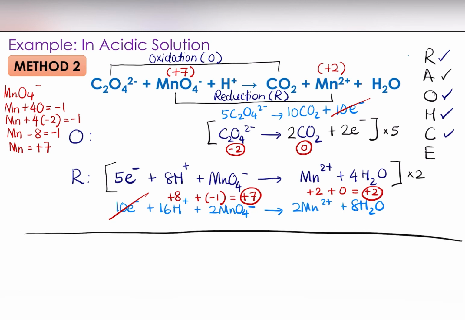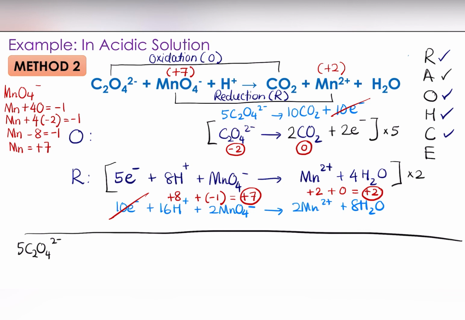On the reactant side, add if there are the same species. On the product side, add as well if there are the same species. If different species, I will subtract. So I start with oxidation. I got 5C2O4 2 minus. Is there anything more for the oxidation reactant side?